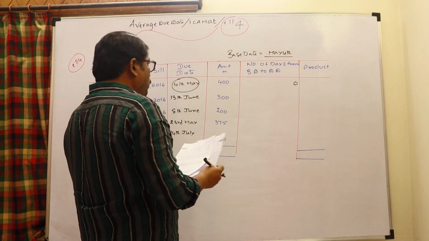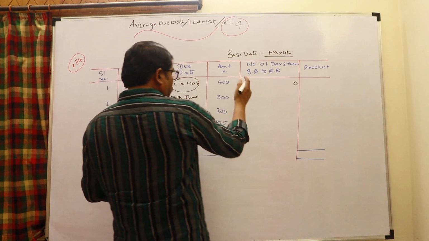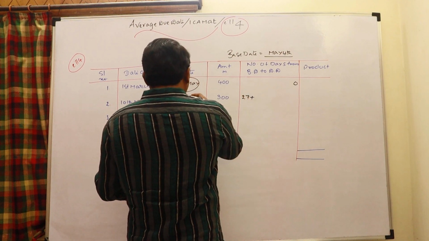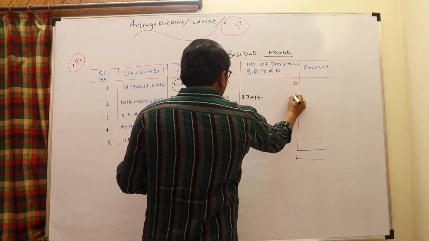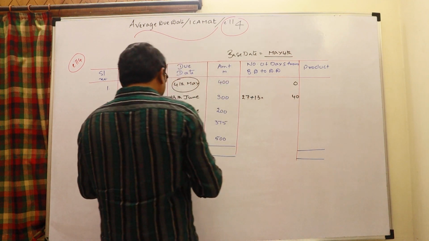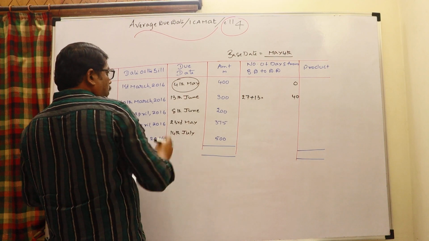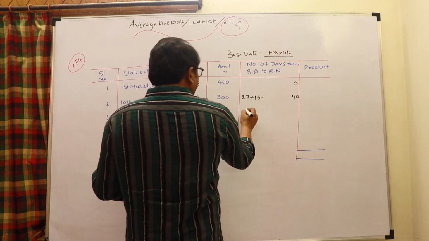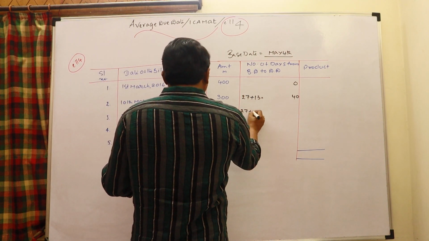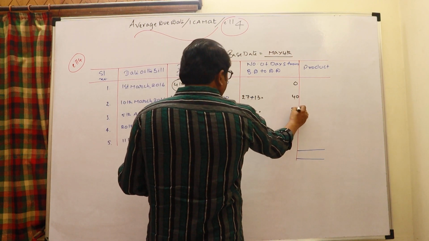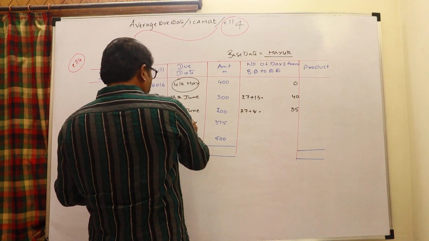Next, May 4th to June 13. In May, 27 days remain, and with June 13 it is 40 days. May 4th to 8th June: May 27 days, June 8 days, making 35.